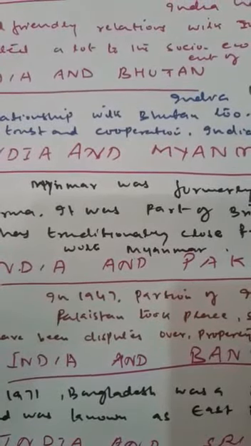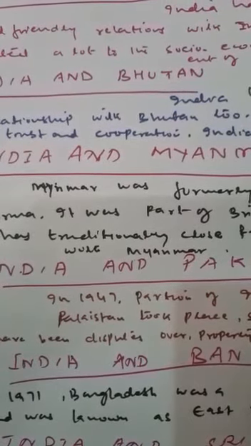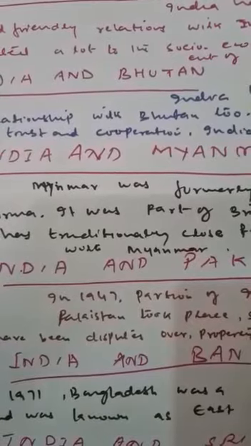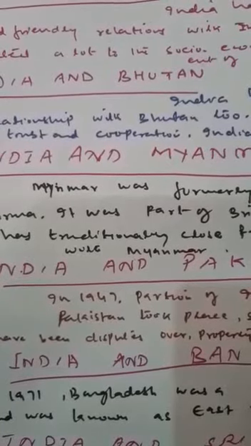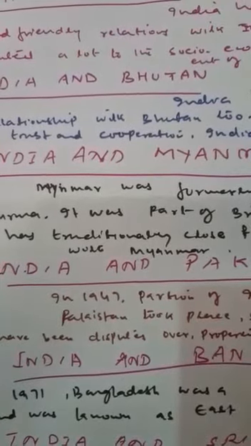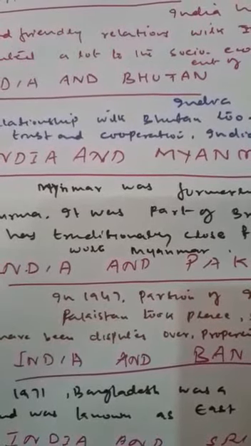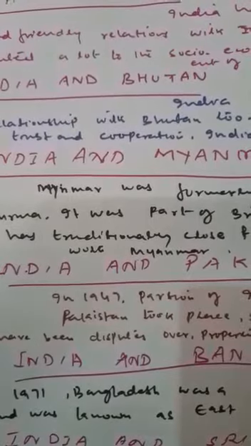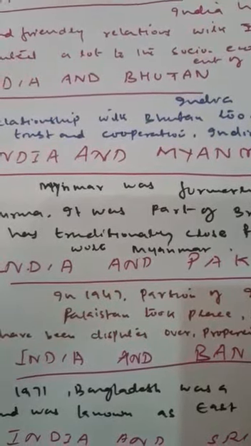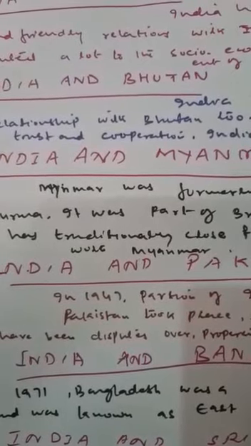Historically, geographically, culturally, and economically, both India and Pakistan have many things in common. In 1947, Pakistan was created. Since then there have been disputes over issues like property, border, distribution of river water, Kashmir, Siachen, Sir Creek, etc.